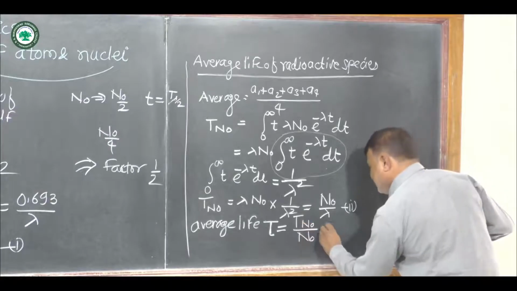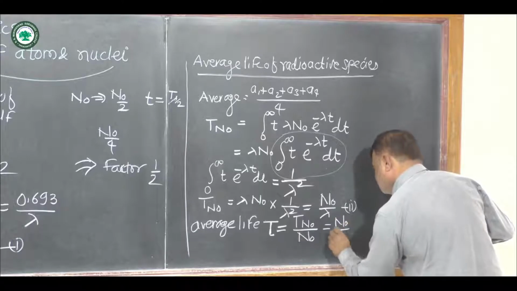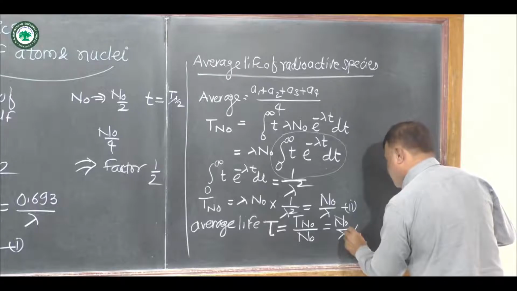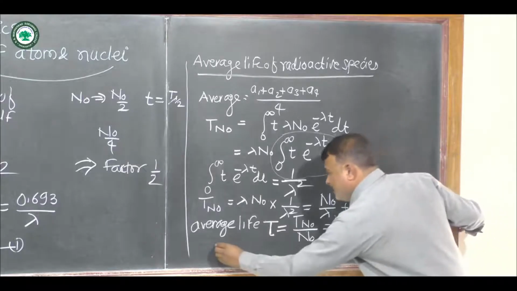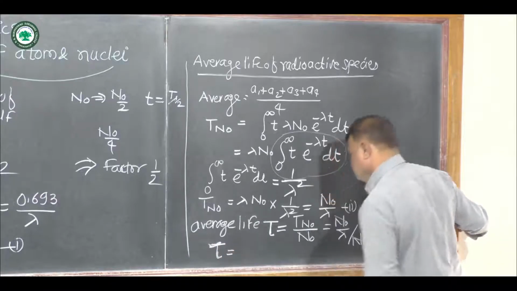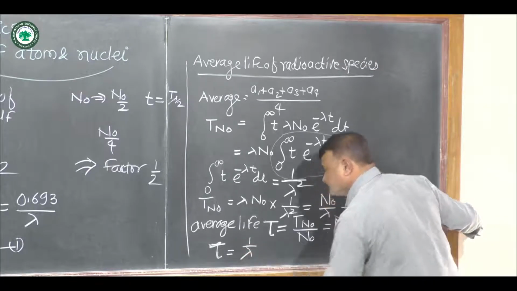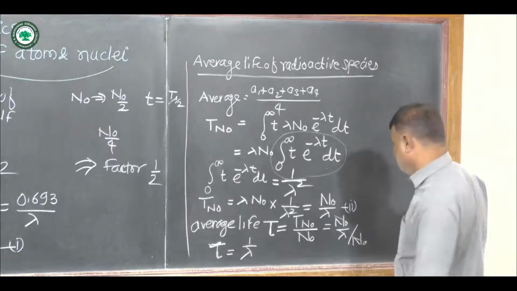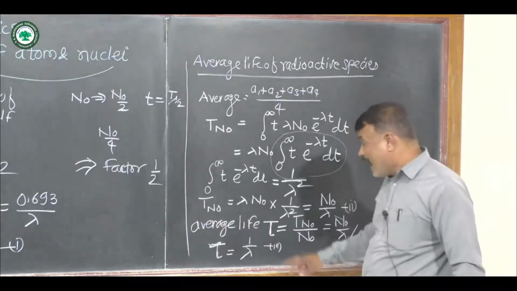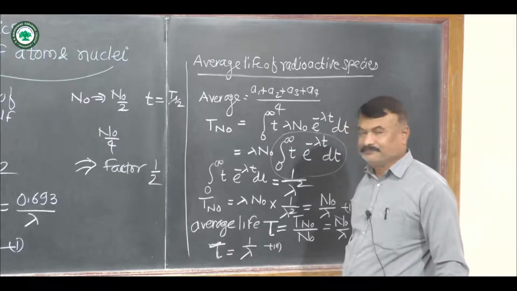In that case T N0 is N0 upon lambda, upon this N0. So N0 gets cancelled and the average time tau is equal to 1 upon lambda. This is equation 3. This equation 3 gives us the average life: tau is equal to 1 upon lambda.